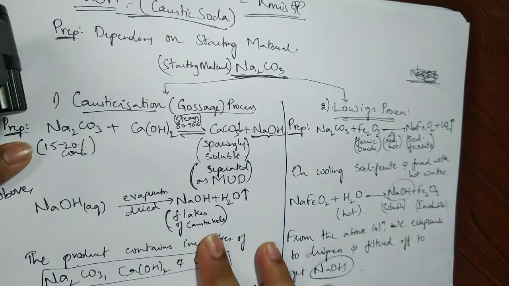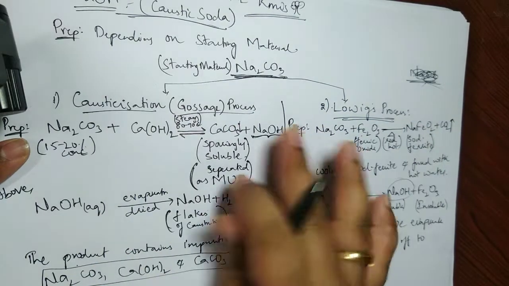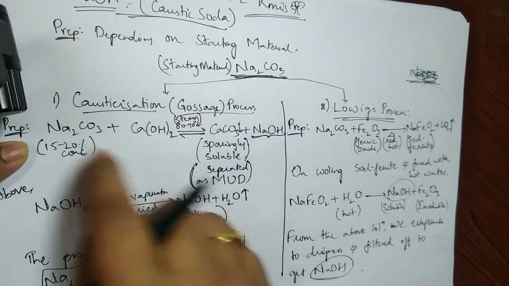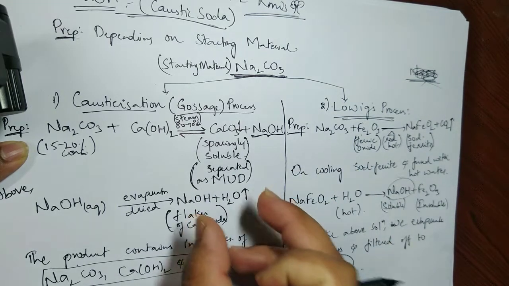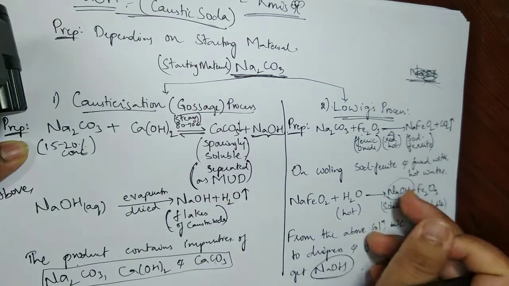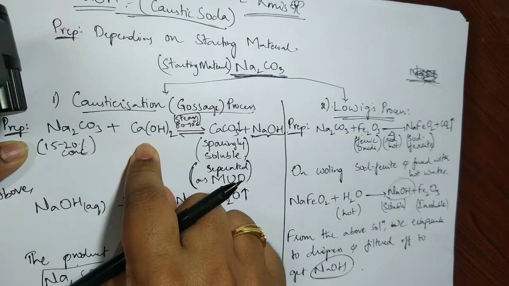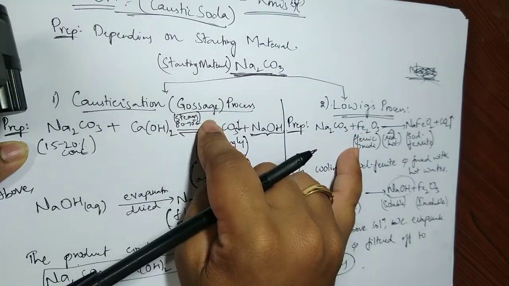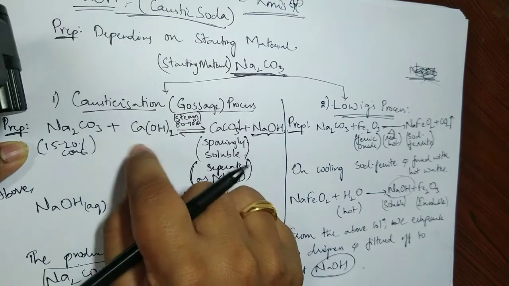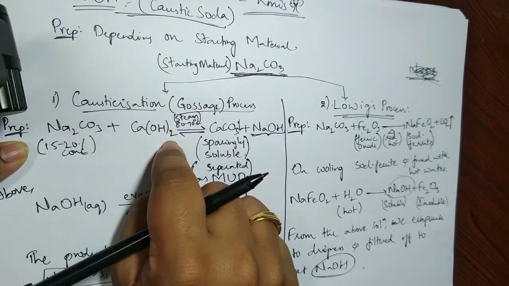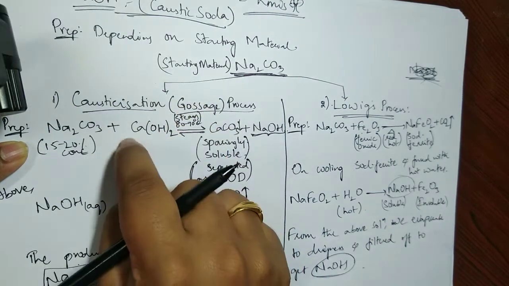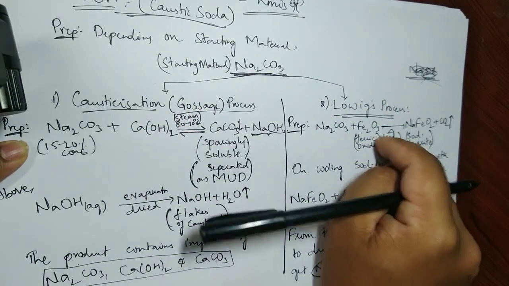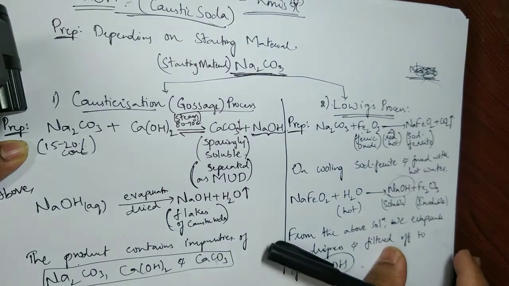So it is a simple method, with no huge difference. The similarities are Na2CO3, heating, sparingly soluble, and the difference is calcium hydroxide versus Fe2O3. This is the major difference. Under the Gaussian process, under causticization, we use calcium hydroxide, Ca(OH)2, and under Loewig's we have Fe2O3, ferric oxide. Fine. The remaining process is all the same.